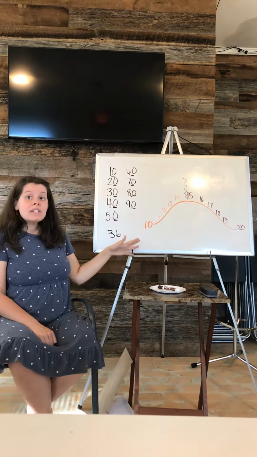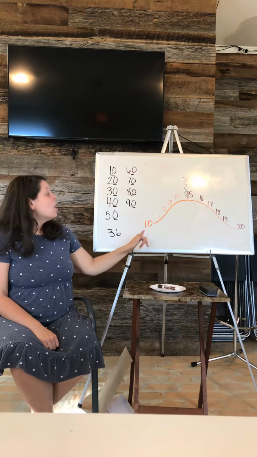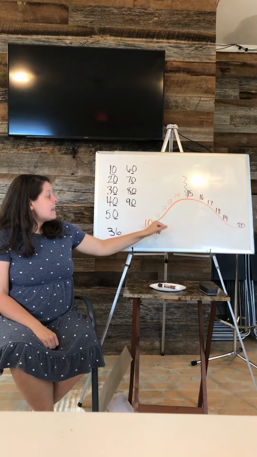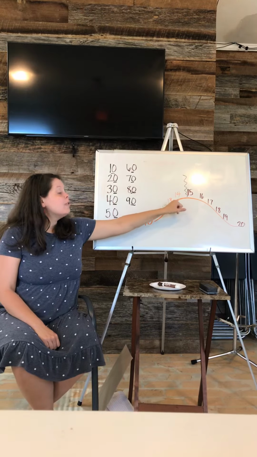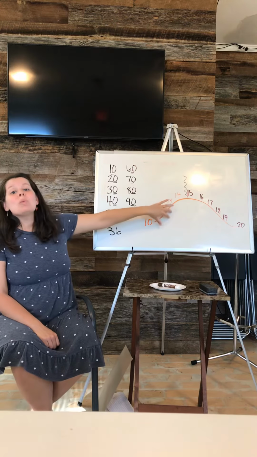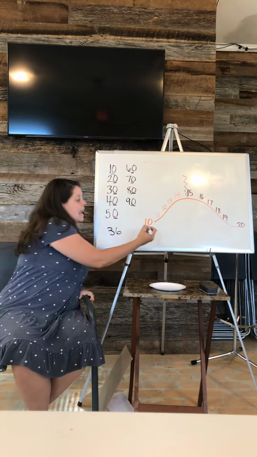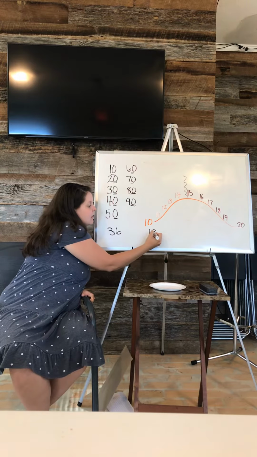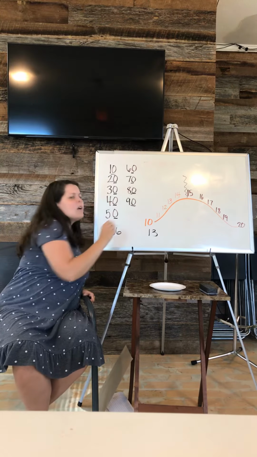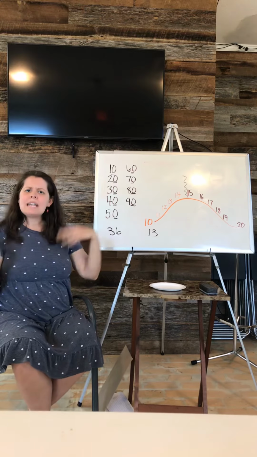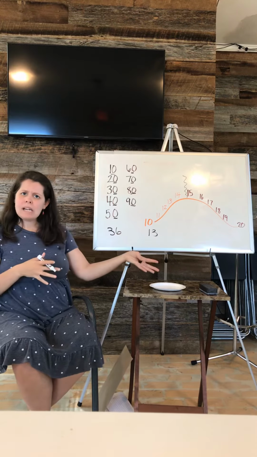So when we round numbers to 10, we take the numbers that end with 1, 2, 3, and 4, and we round them back down to 0. So if somebody said to take 13, and I want you to round it to the nearest 10, is it going to be 10 or 20?